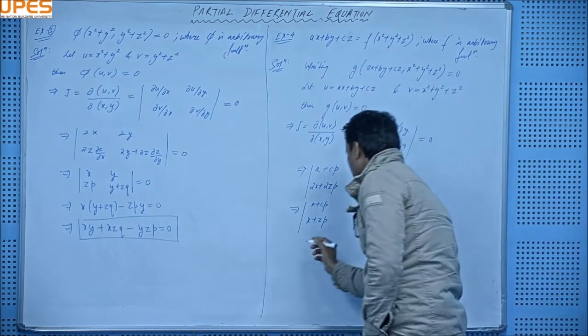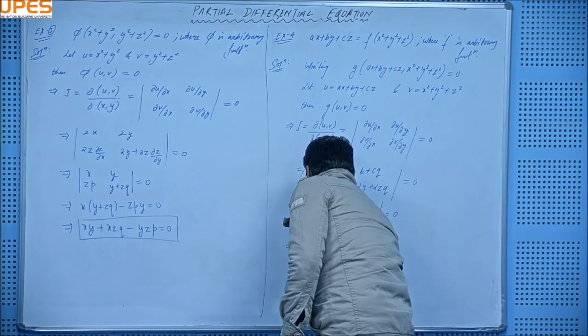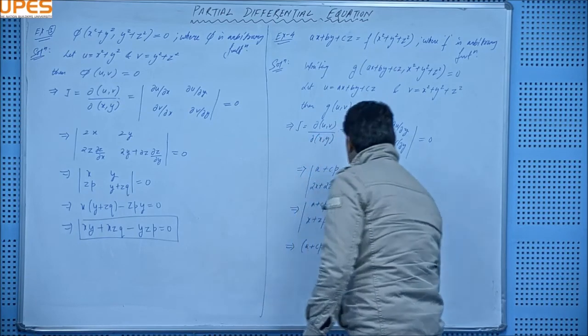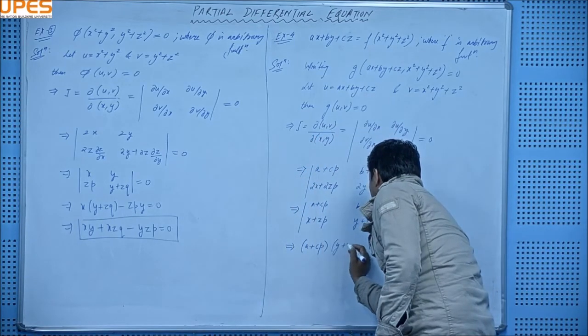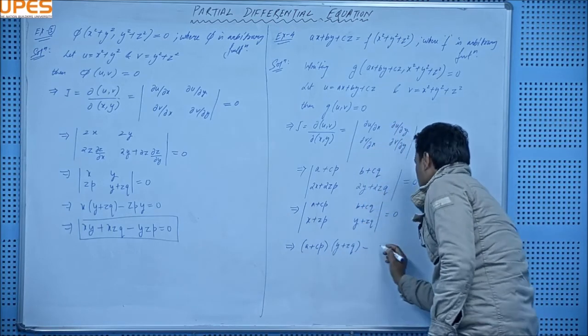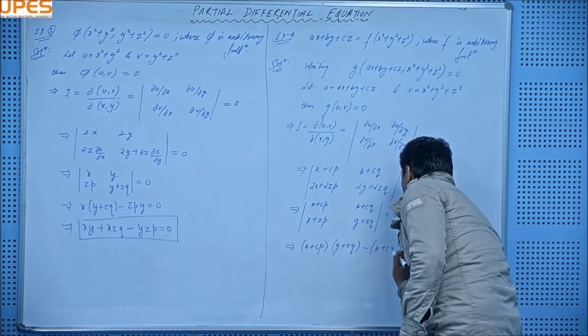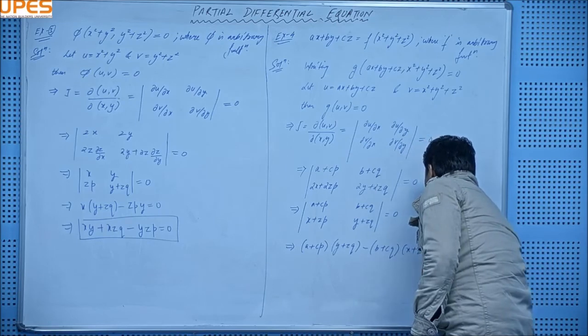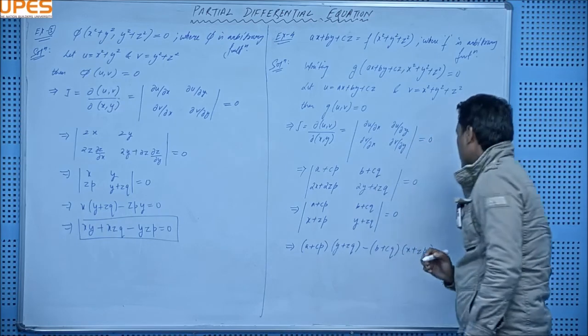So solving this determinant, I get (a plus cp) multiplied by (y plus zq) minus (b plus cq) multiplied by (x plus zp) is equal to 0.